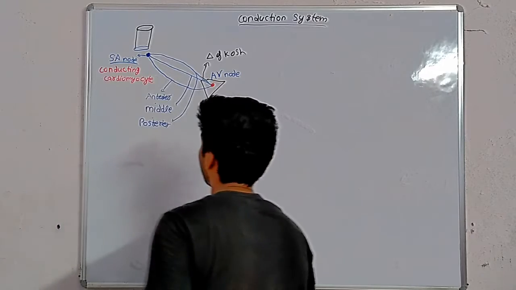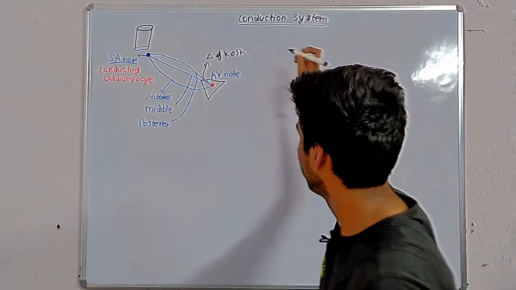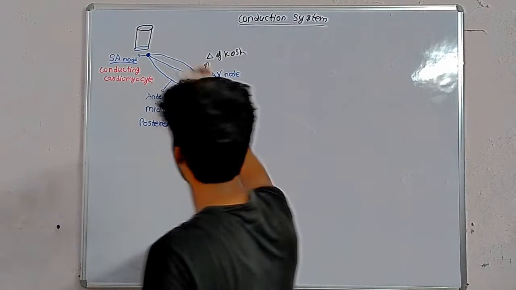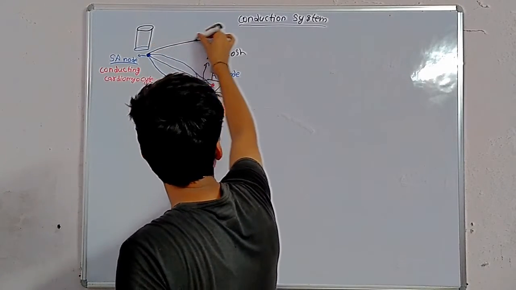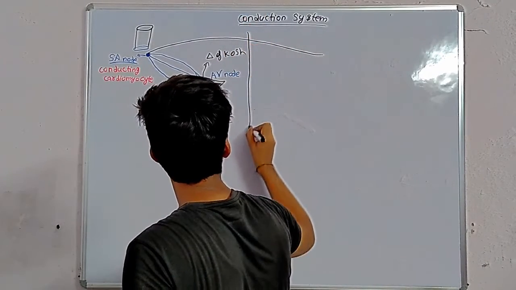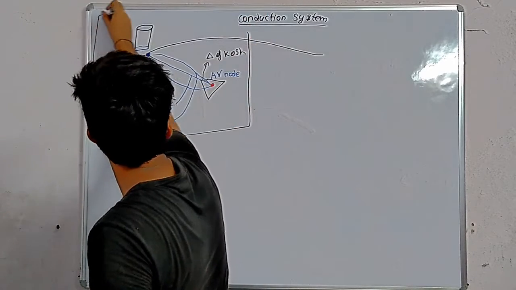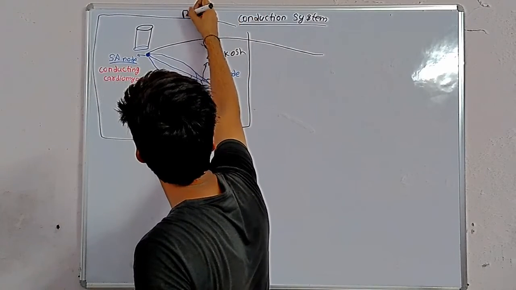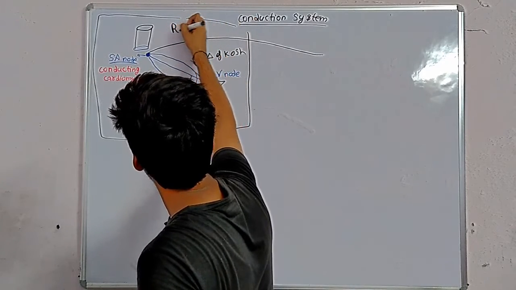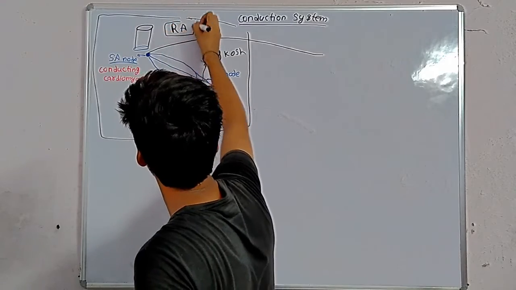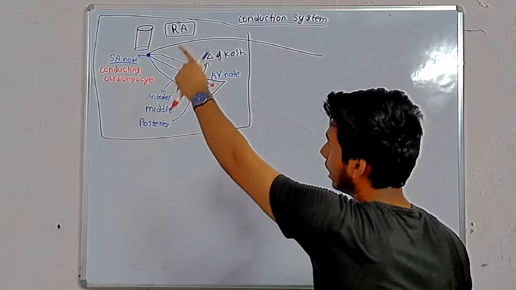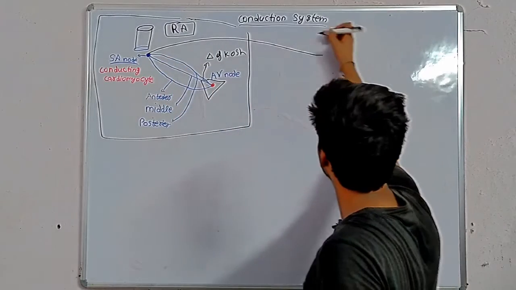Then there is another bundle which supplies the impulse from the right atrium to the left atrium.